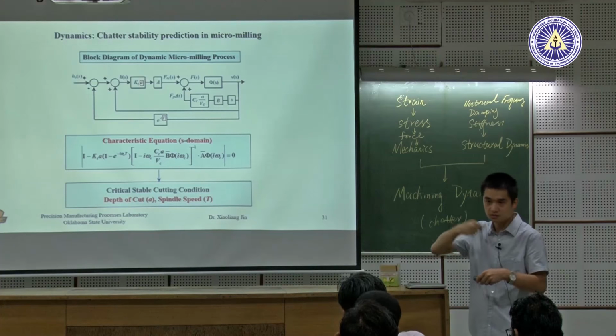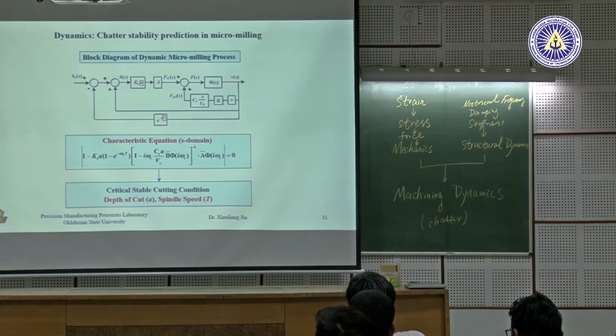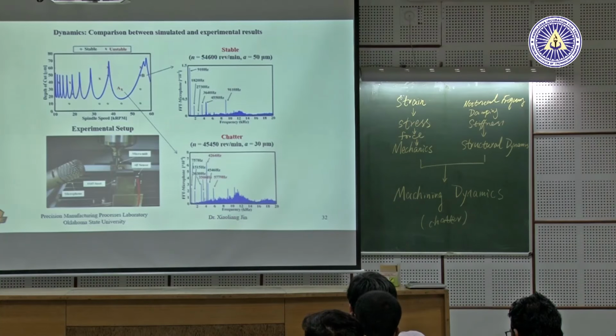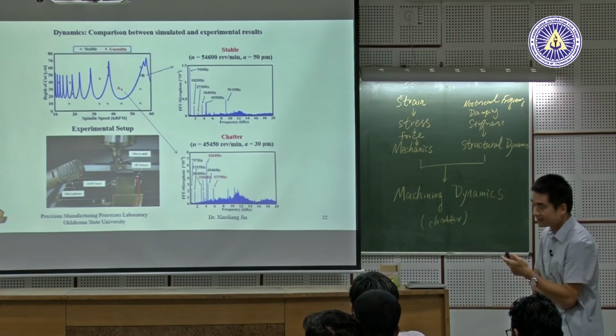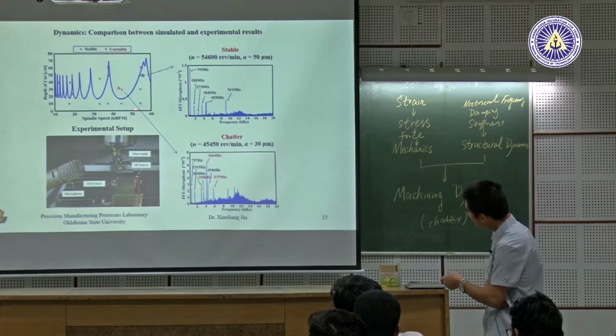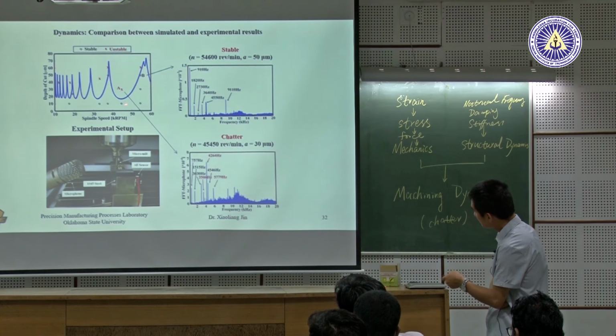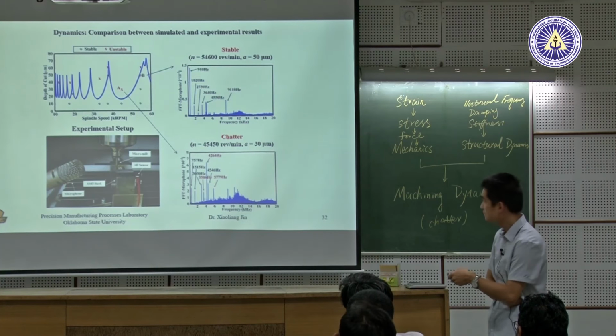After a certain number of iterations, it finally gives us the real critical stability lobe here. For the specific case we did before, this is the predicted stability lobe. You can see it slightly goes up because of the process damping. Otherwise, it would stay constant at the bottom.